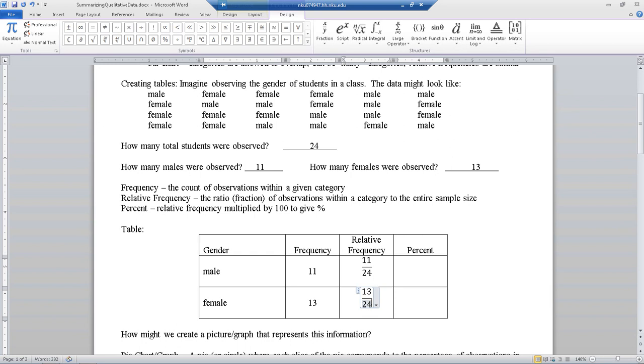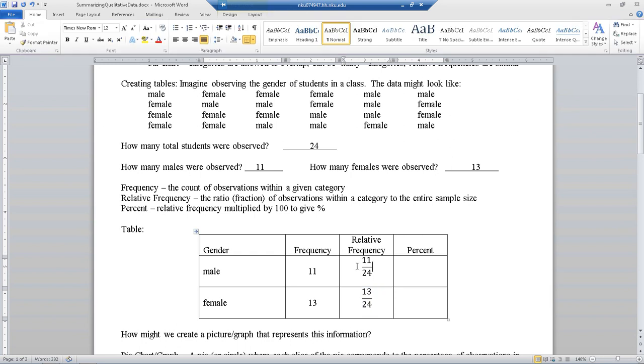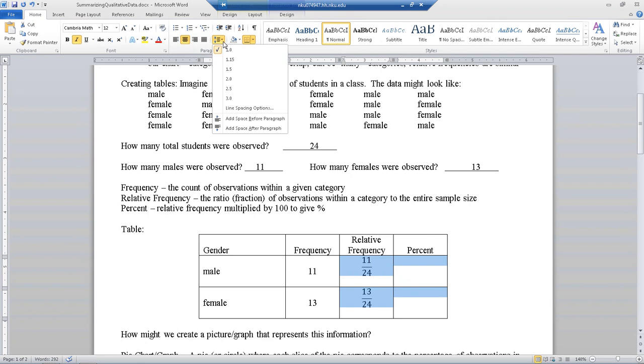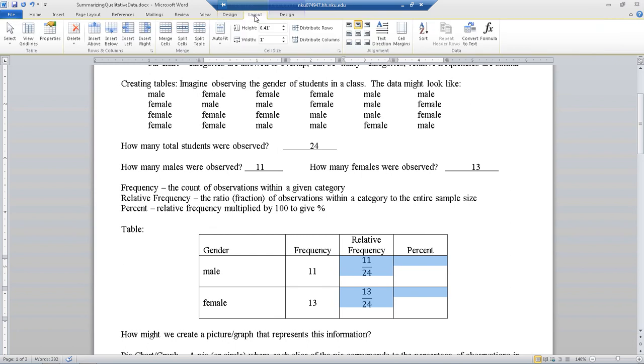Okay, and if you were writing this by hand, it's much simpler to write by hand. Now I'm not going to worry too much about the layout here, but I did want to sort of center it. There we go. Just makes it look neater there. So the relative frequency would be 11/24 for males, 13/24 for females.